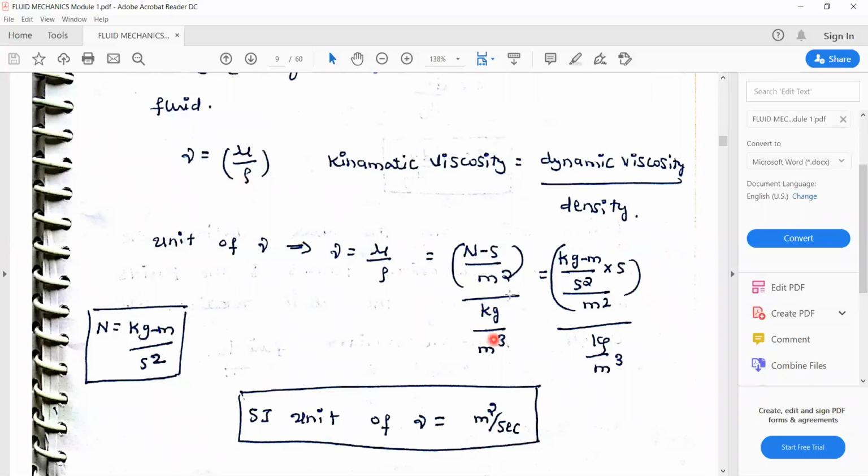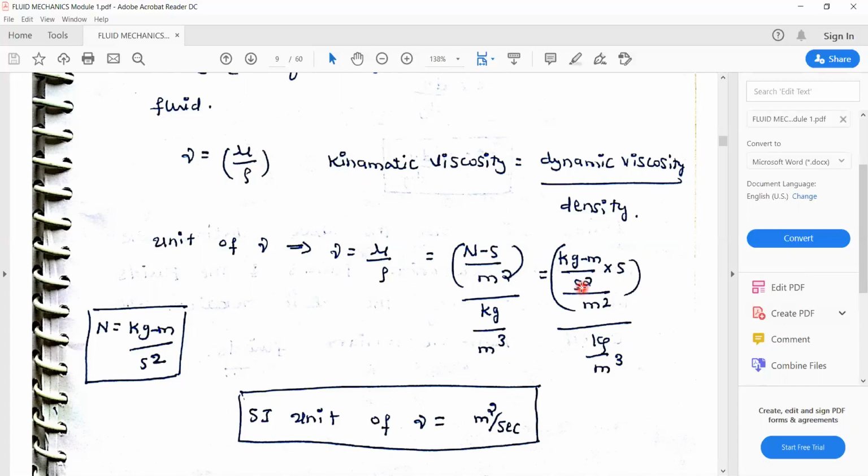To simplify, in place of Newton, which is force, use Newton's second law of motion: F is equal to ma, force is equal to mass into acceleration. In place of Newton, I write mass into acceleration, that is kg meter per second square.